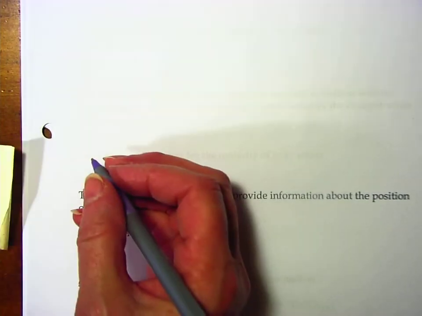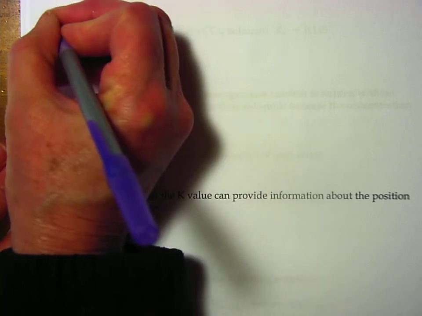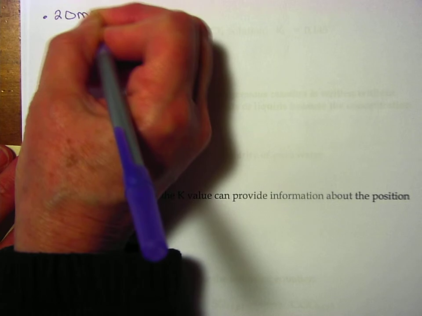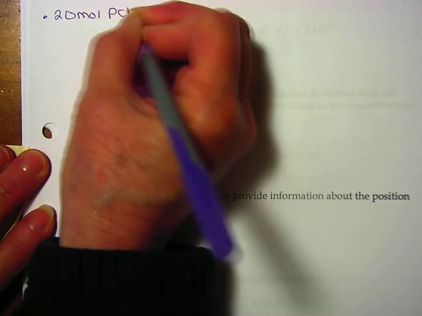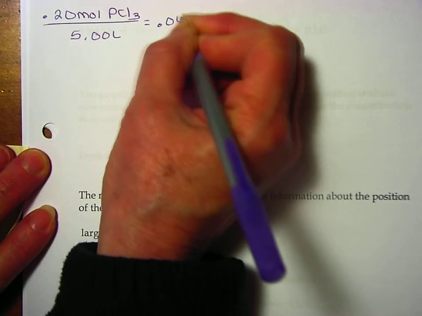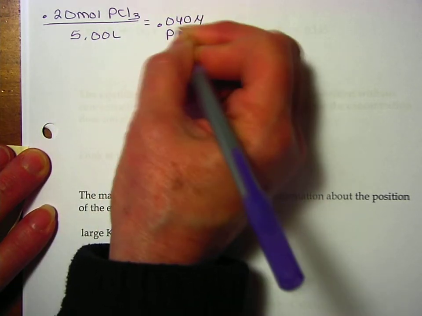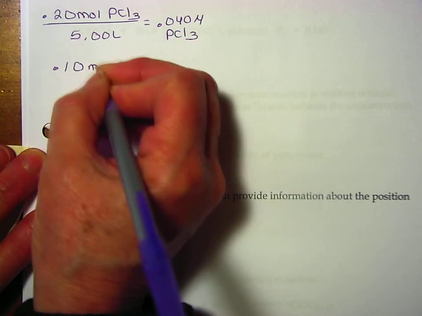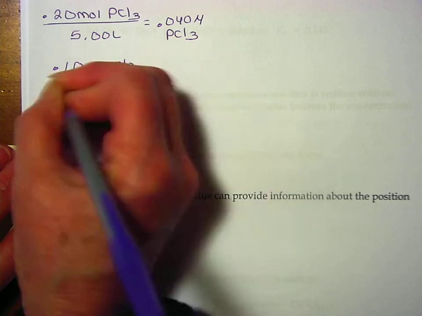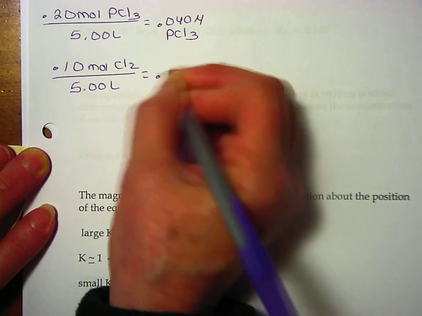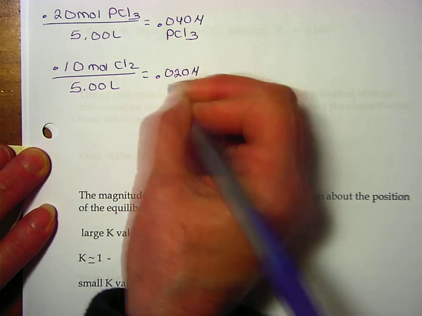Okay, if you look at this, hopefully you got the same answer I did. My 0.20 moles of phosphorus pentachloride divided by 5.00 liters is equal to 0.040 molar PCl3, and my 0.10 moles of chlorine in a 5-liter flask, it's in that same flask, is equal to 0.020 molar chlorine.